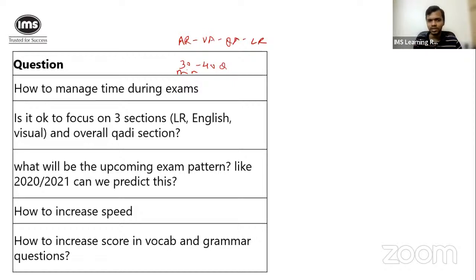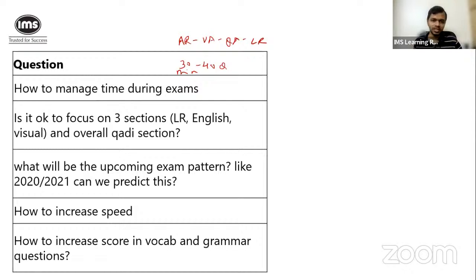And I agree to an extent that you can focus on 3 areas because it's still about 150 questions. And if you do another few questions from QA, DI, I think you'll have a sizable number of attempts. But yes, to have that 3-section strategy, which I also have, by the way, your 3 sections have to be very strong.